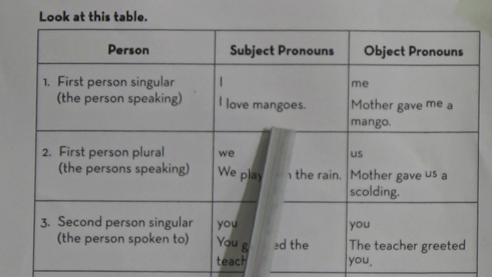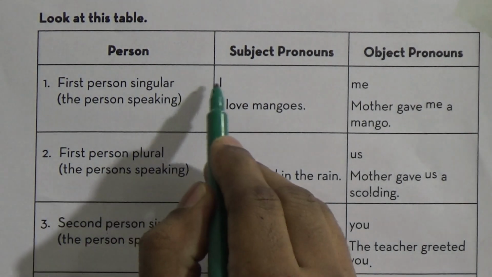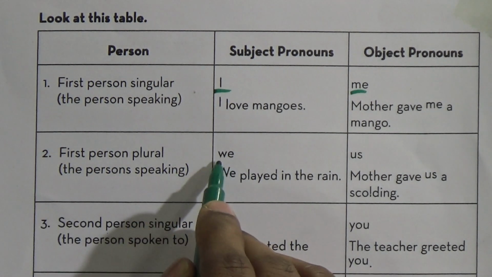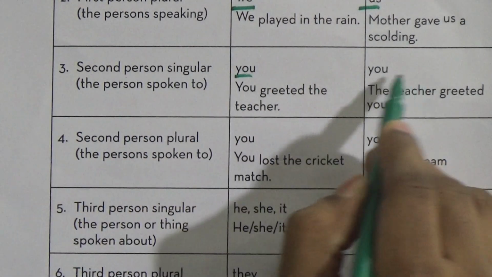Look at this table. First person singular, the person is speaking: I love mangoes. Object pronoun is me. I have discussed. I is the subject pronoun, me is the object pronoun. First person plural number, we is the subject pronoun, us is the object pronoun. Number 3, second person singular, the person is spoken to: you and you.